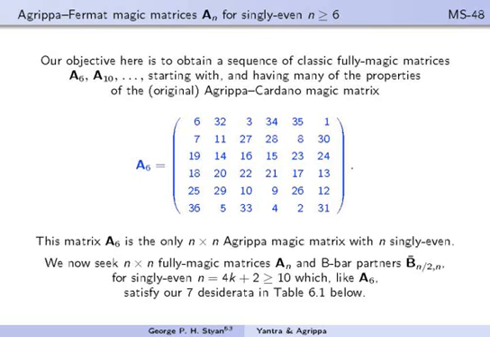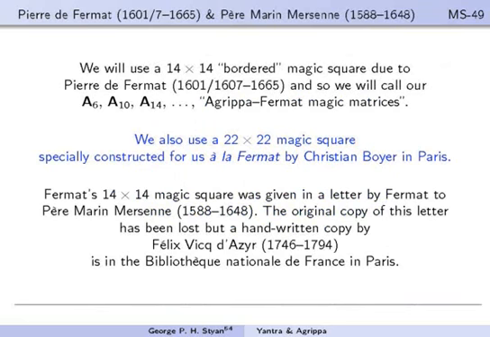Our matrices will satisfy certain desiderata, which will appear shortly in table 6.1. We will use a 14 by 14 bordered magic square due to Pierre de Fermat, and so we will call our matrices A6, A10, A14 Agrippa-Fermat magic matrices. We also use a 22 by 22 magic square, specially constructed for us à la Fermat by Christian Boyer in Paris.